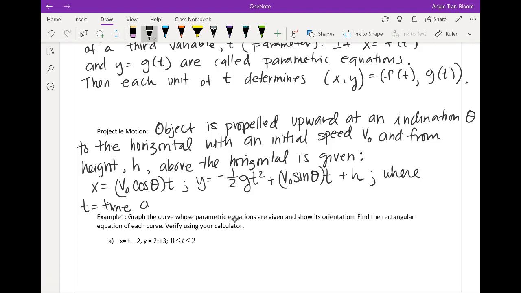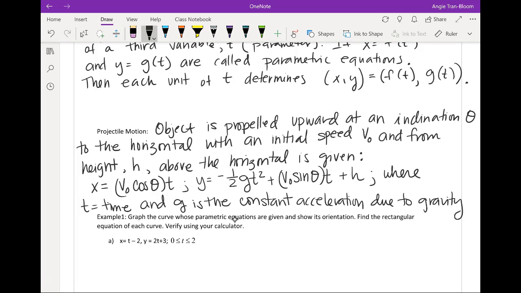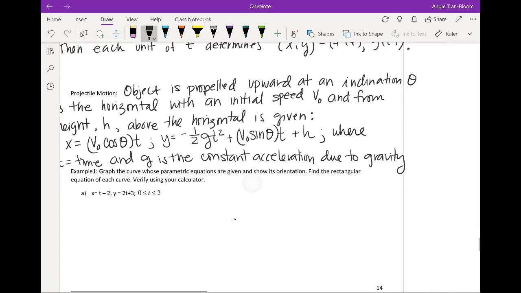Okay. Now, some of you that are not in physics, you're not going to know g. So we're going to spell out g. G is the constant acceleration due to gravity. And we may use these two units depending on what the height is measured as.